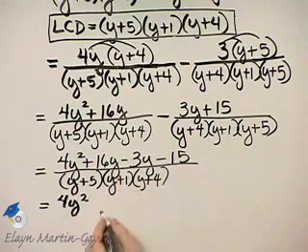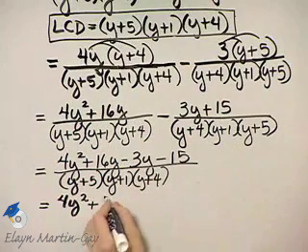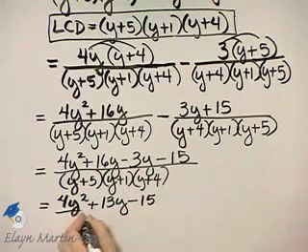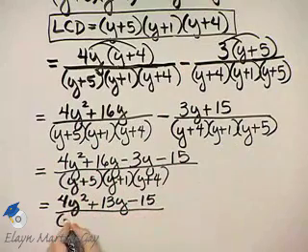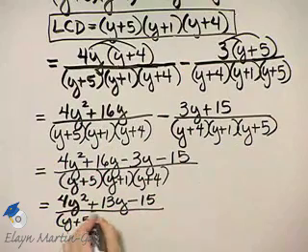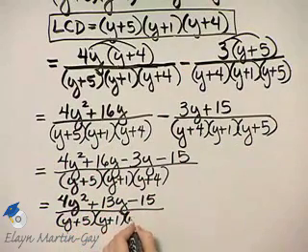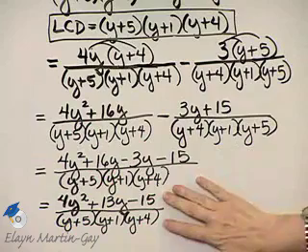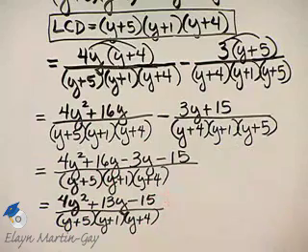I have 16y minus 3y, that's plus 13y minus 15 all over my least common denominator. Now you can check, but that numerator is a prime trinomial, so I am simplified, and this is my difference in simplest form.